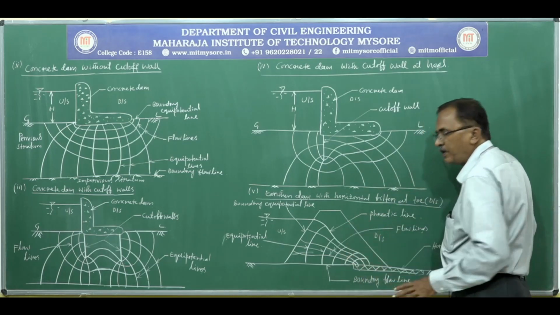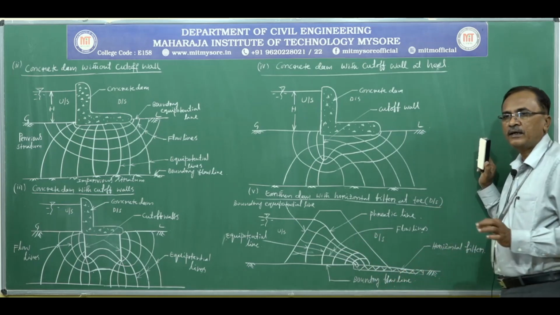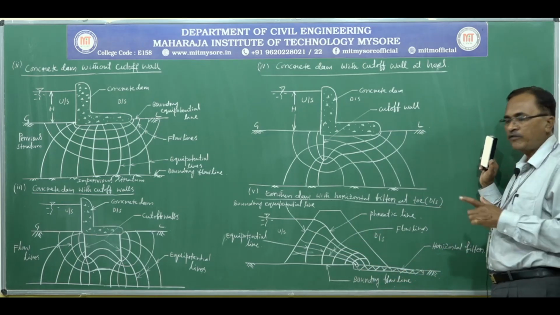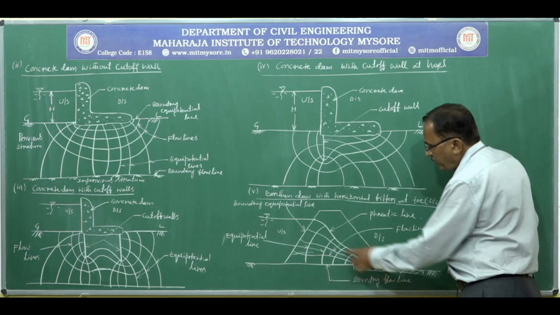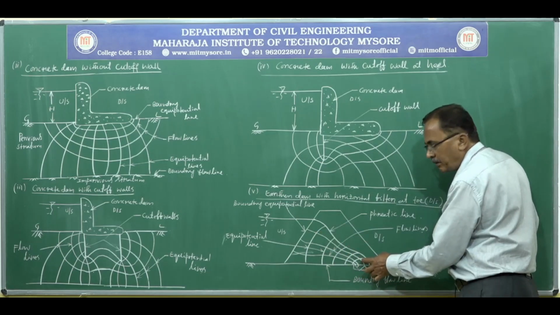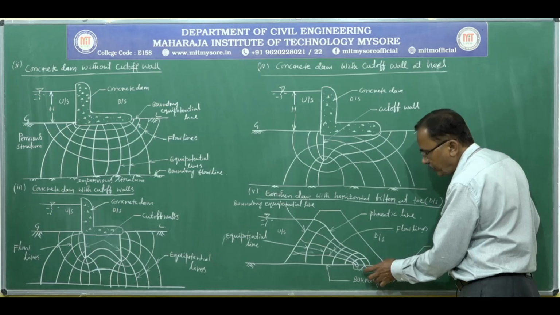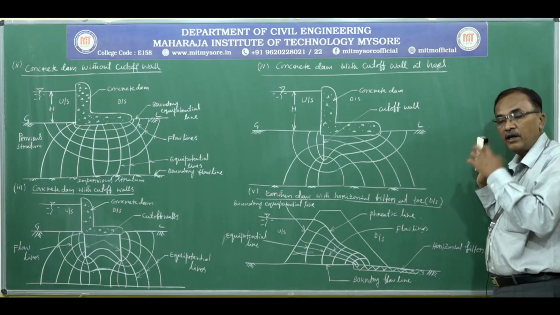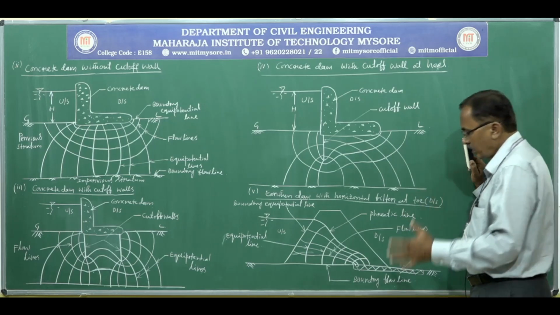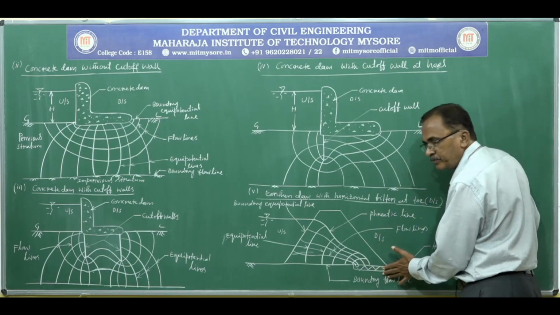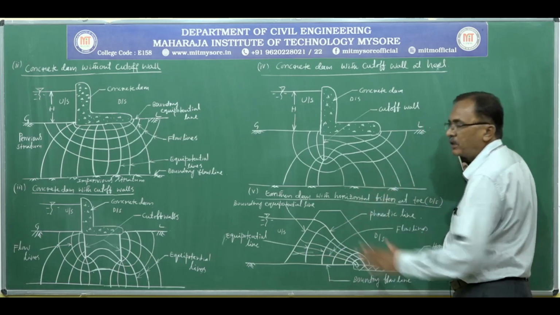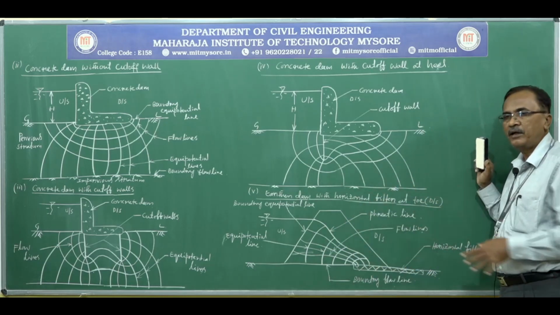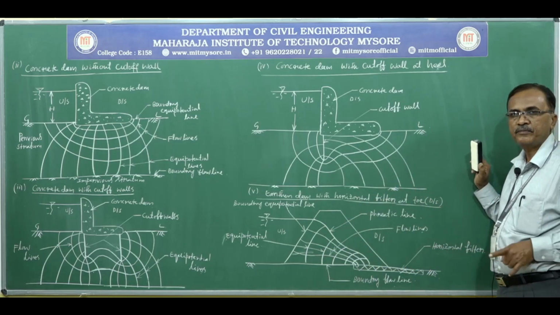The function of this filter is to avoid the migration of finer particles of the dam soil, and also to permit the free flow of water so that there is no building up of hydrostatic pressure.